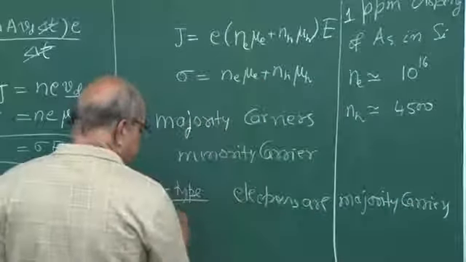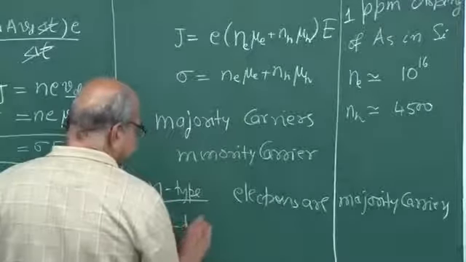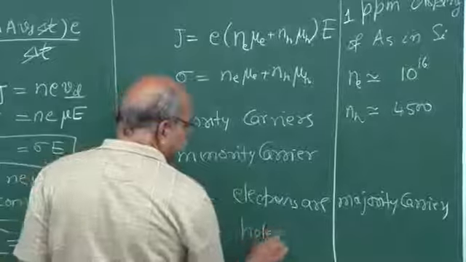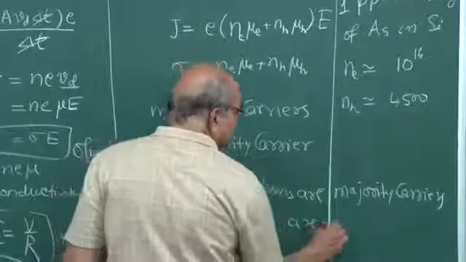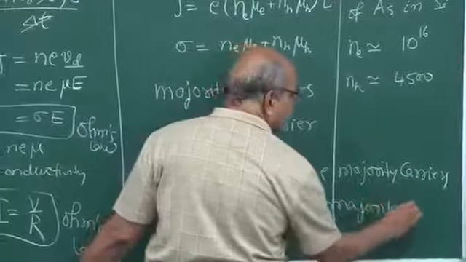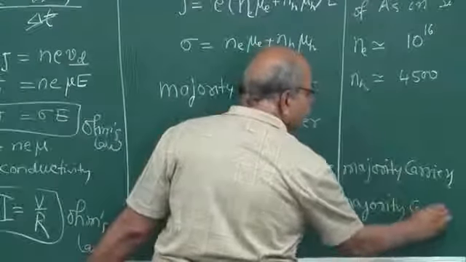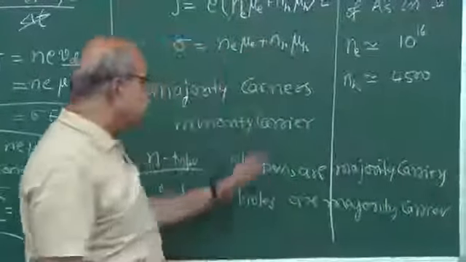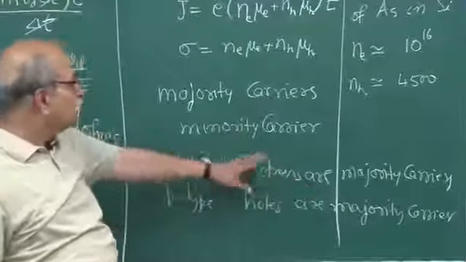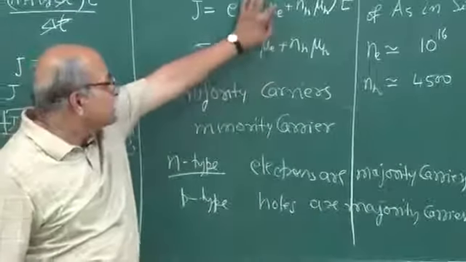And for P-type, these holes are majority carrier. And the other one is minority carrier. So whichever is important, one can take that.